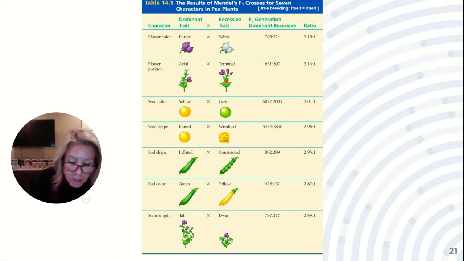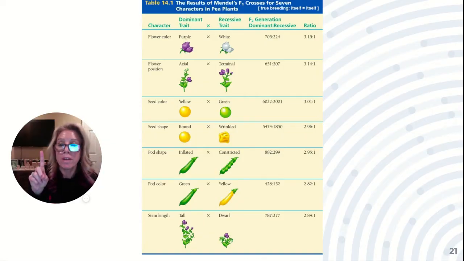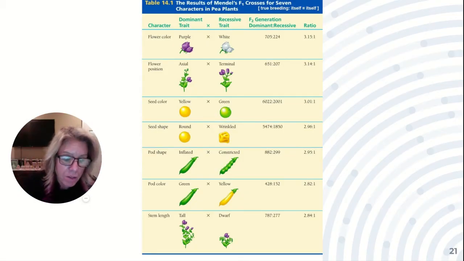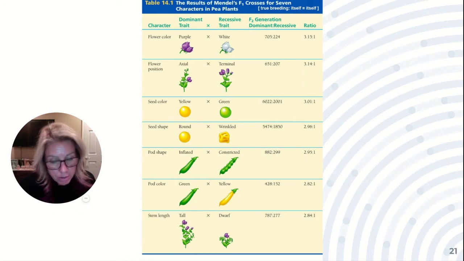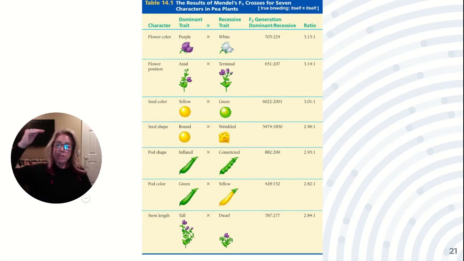Now, on your notes, go down to his monohybrid cross. Mono means one, so that means he was just looking at one trait at a time. Later, I'm going to show you some dihybrid crosses. In the parental generation, let's say he was crossing a tall versus short, all the offspring would turn out tall, and you have that on your notes. So he would cross a true breeding tall with a true breeding short, and all the offspring would turn out to be tall.